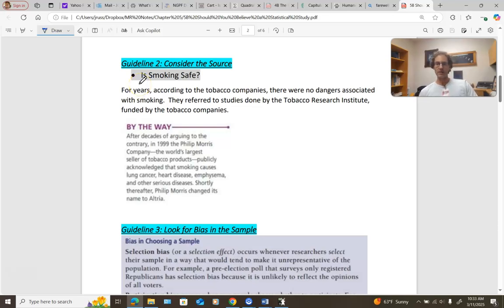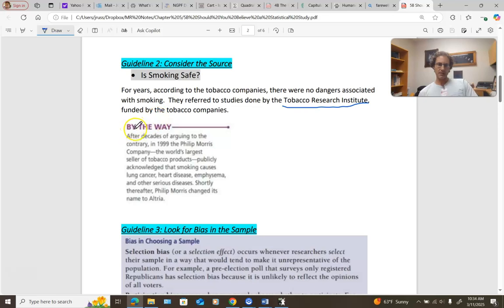And that was created by these tobacco companies. They painted a false narrative. These tobacco companies referred to studies done by the Tobacco Research Institute, which was actually funded by the tobacco companies. So here you had a conflict of interest, and many times in studies there may be a conflict of interest.